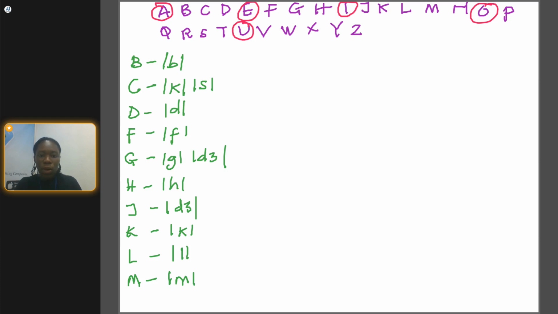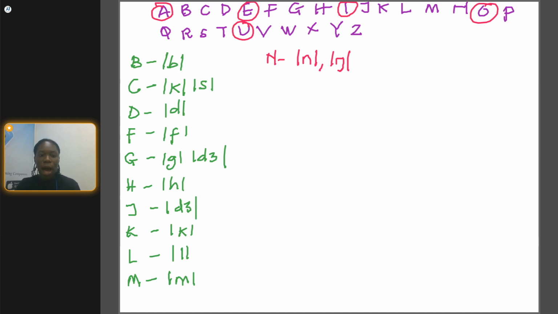Then we move to letter N. Letter N giving us the n sound and the ng sound. When we start looking at the examples, you'll be able to tell the difference between these sounds, especially the letters that are giving us two sounds.